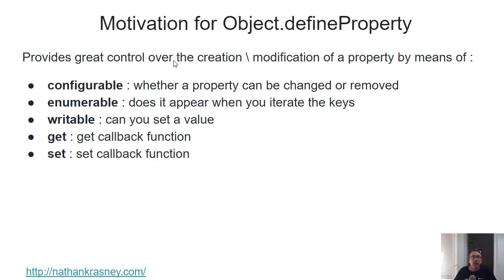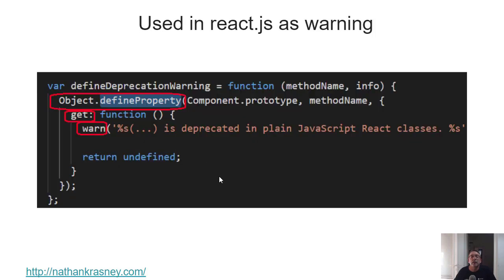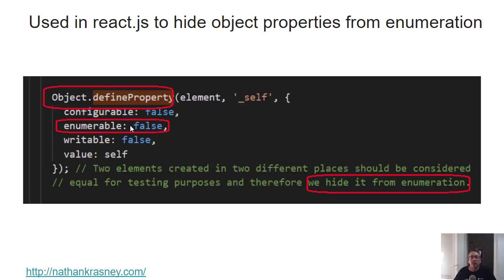The motivation: it provides great control over creation and modification of a property by means of configurable, whether a property can be changed; enumerable, does it appear when you iterate the keys; writable, can you set a value; and the get and set callback functions. And it also appears in React in this form and in this form. Thank you.